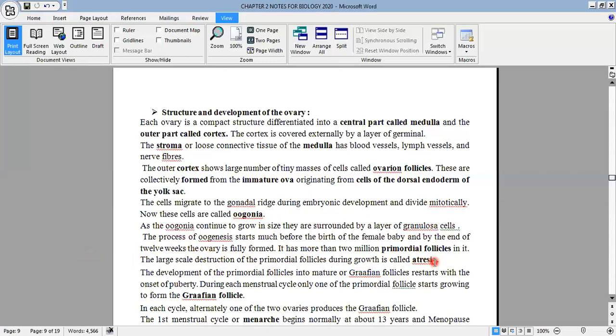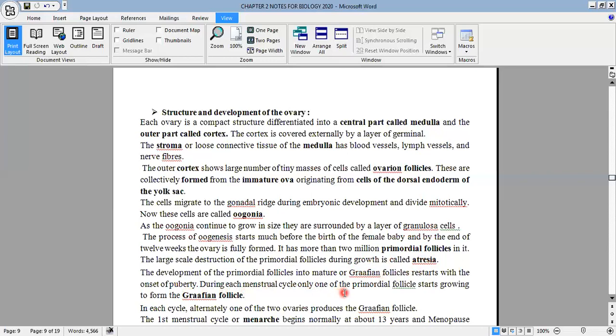This atresia process takes place till the female child reaches puberty, that is, the age of maturity. The development of the primordial follicle into Graafian follicle restarts with the onset of puberty, that is, when the female child reaches the age of about 12 to 14 years, menstrual cycle or menarche starts.